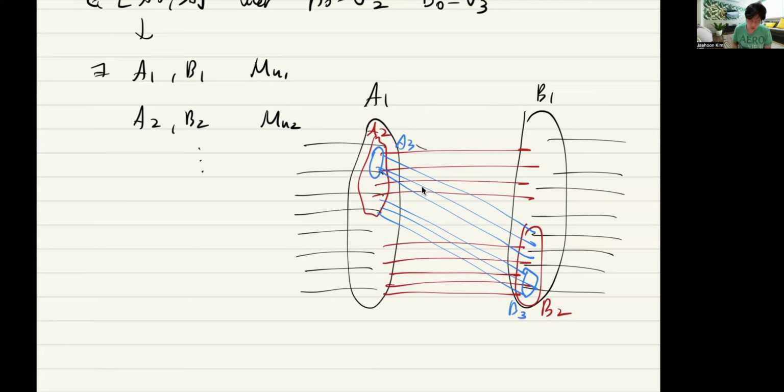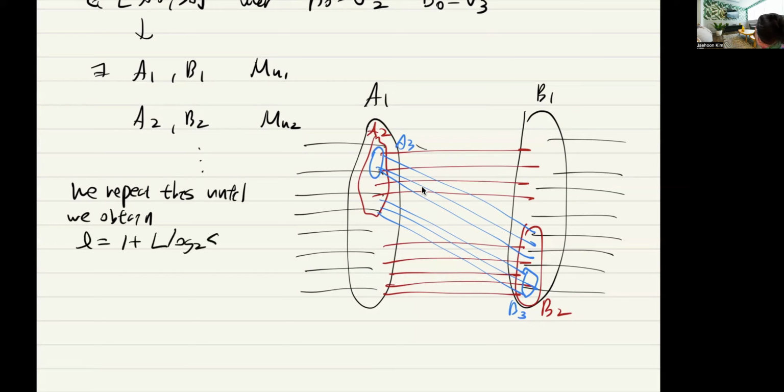So you get this way in nested manner. So we repeatedly apply, we repeat this until we obtain the 1 plus the log of x many matching.